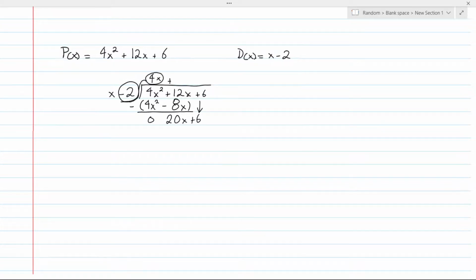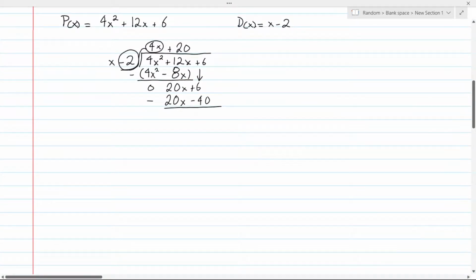In this case, it would be 20. Again, multiplying the minus 2 by 20 gives me minus 40. And then subtracting gives me 0 and 46.